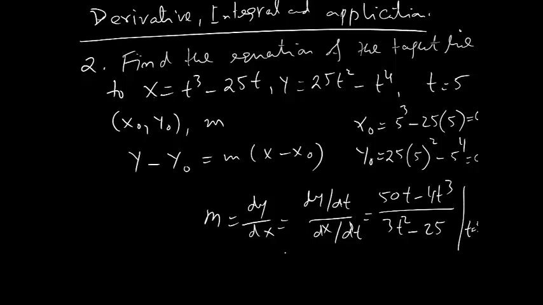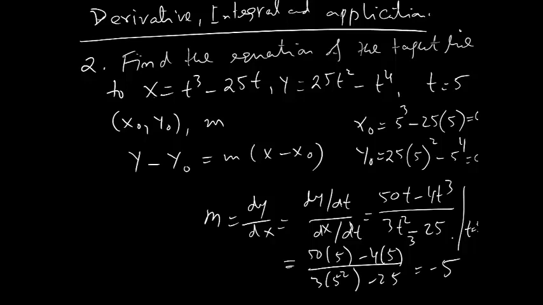So when you plug 5 in, you get 50 times 5 minus 4 times 5 to the 3, over 3 times 5 squared minus 25. After simplification you'll find it is negative 5. So you got your slope.